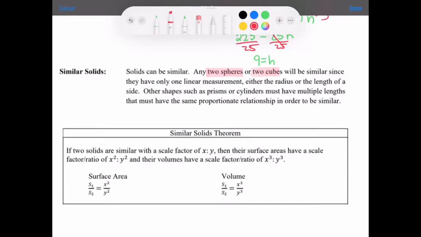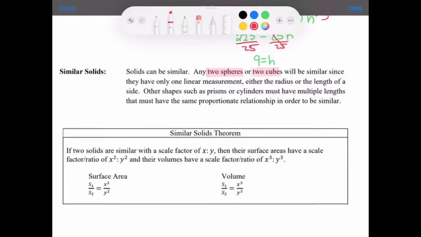And when we're calculating volume or surface area of a cube, all we have to know is the side length. There's only one, which basically means that any sphere is going to be similar to any other sphere, and same with a cube. It doesn't matter what the value of the side or the radius is, we know that they will be congruent. I mean, similar.